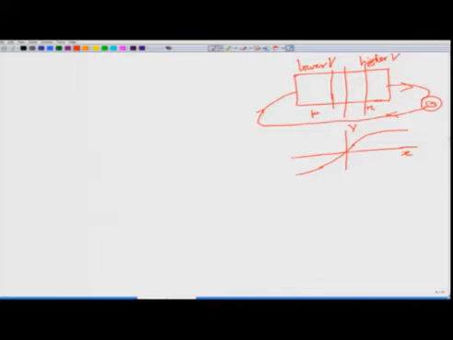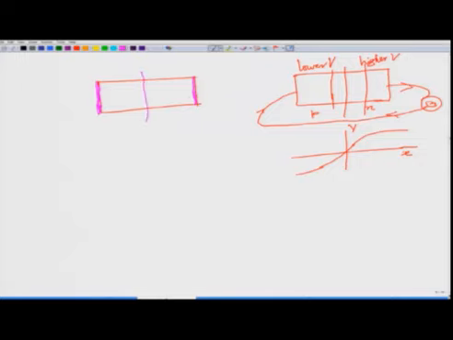Because when the junction is prepared for external connections, you have to put some metallic contacts so that it can be joined to the external world.